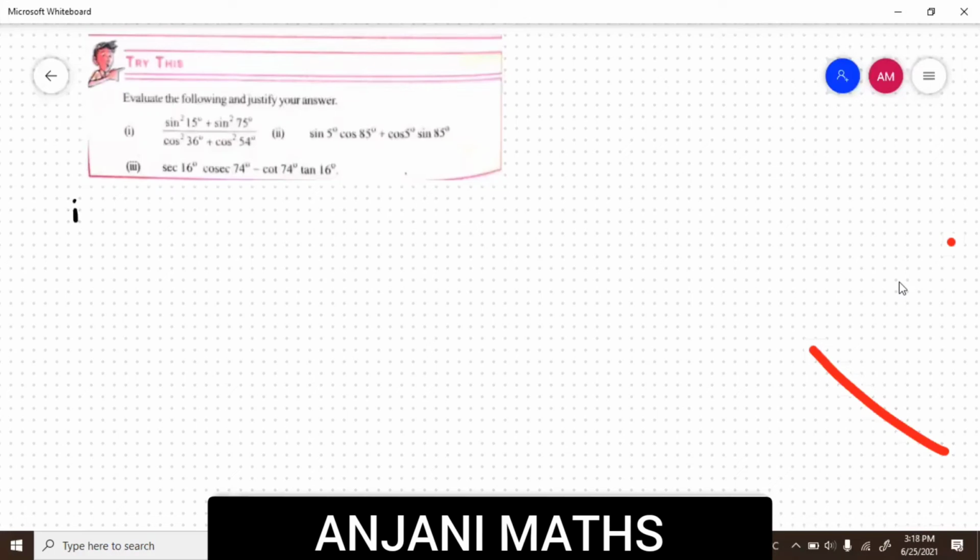First one: sin square 15 plus sin square 75, over cos square 36 plus cos square 54.